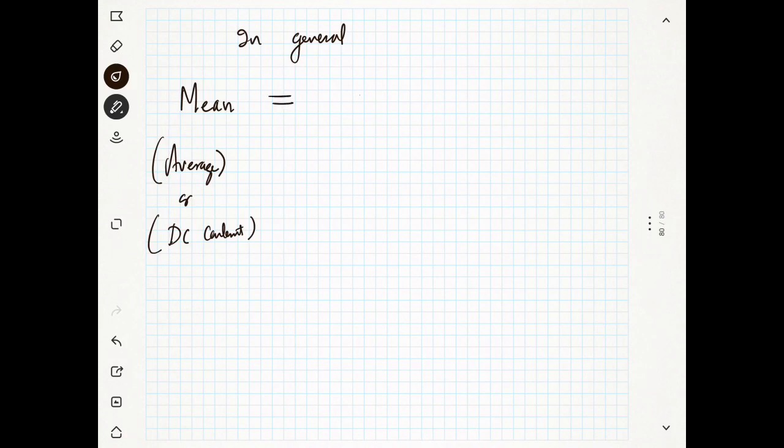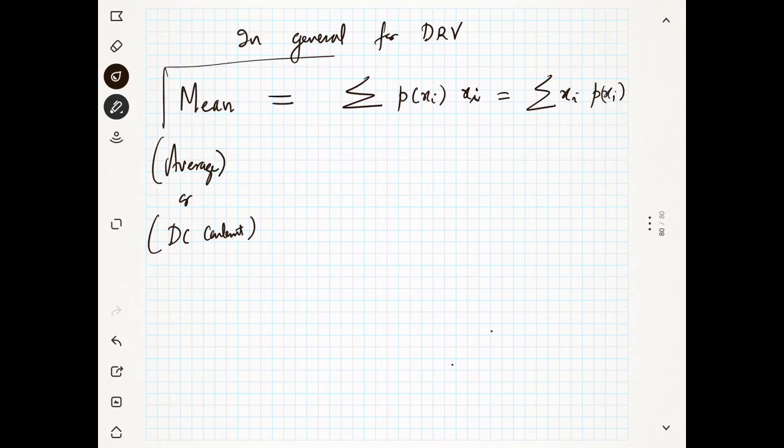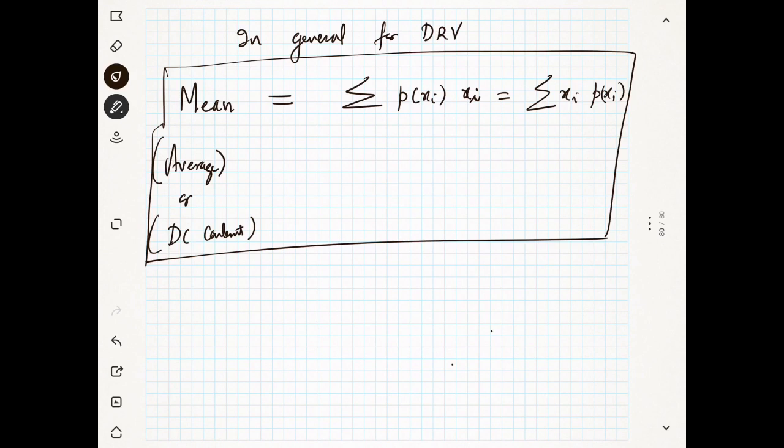So the mean for the discrete random variable we can denote like this: summation p of xi into xi, or I can denote it another way, xi into p of xi. So this is the mean of the random variable. You have to remember this formula. It's a very, very important formula, the mean of the random variable.